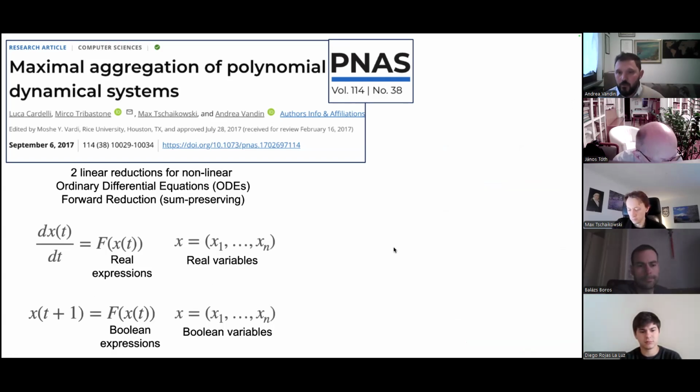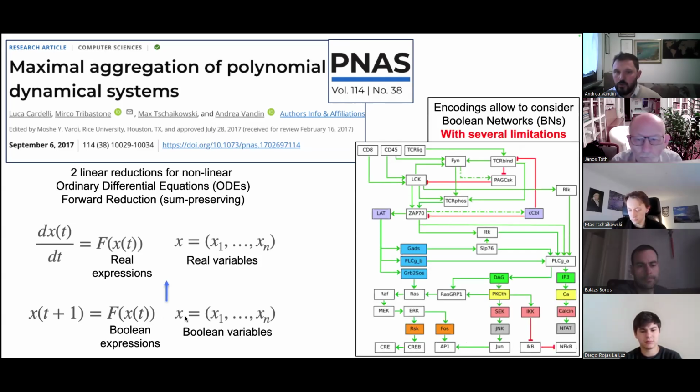In this paper, we did an application to a discrete time model defined over the Booleans. These are Boolean networks. In particular, there is a technique named odification, which allows you to transform Boolean networks, this Boolean model I will tell you more about later, into ODEs.